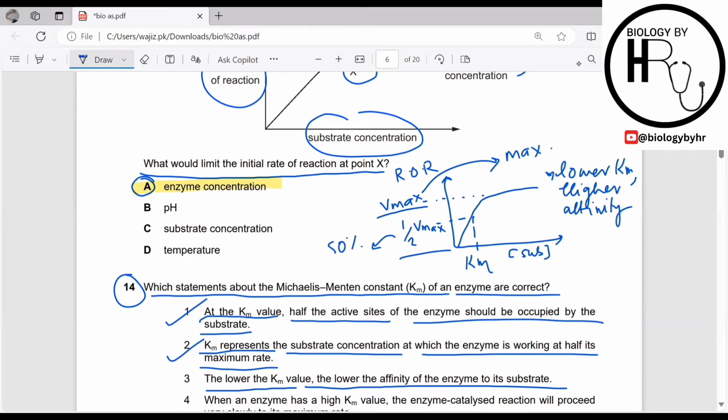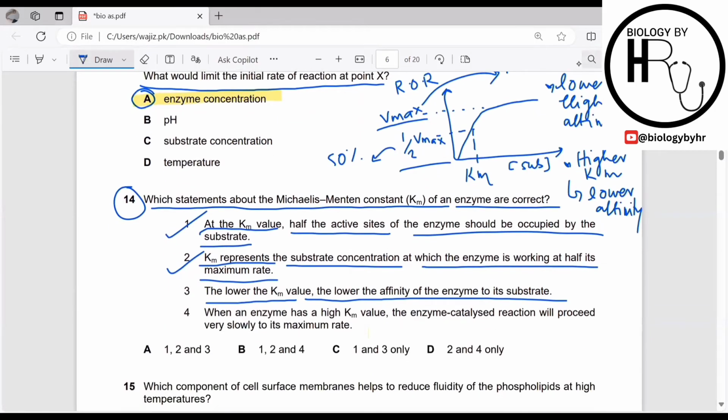And alternatively, a higher Km means that more substrate concentration is required to fill the 50% active sites of the enzyme with the substrate. So the affinity between the active site of the enzyme and the substrate is lower, right? So higher Km means lower affinity. So hence statement 3 is incorrect.